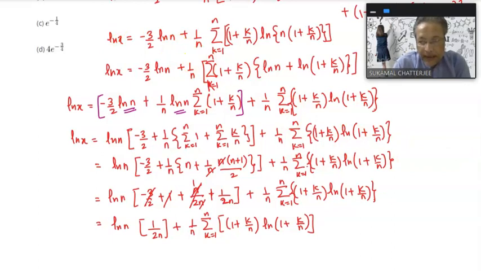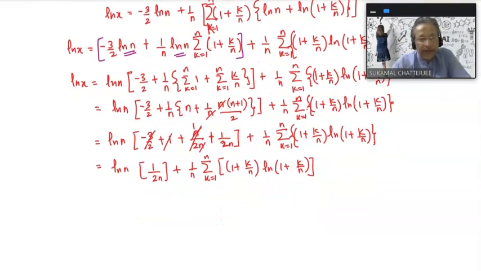Now as n tends to infinity, ln n by 2n will tend to 0. So the first term goes to 0.